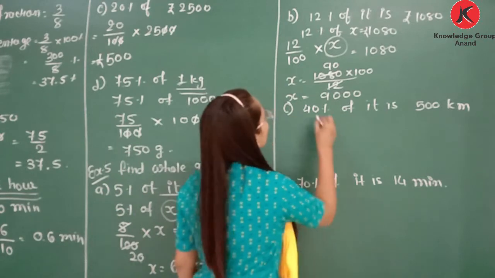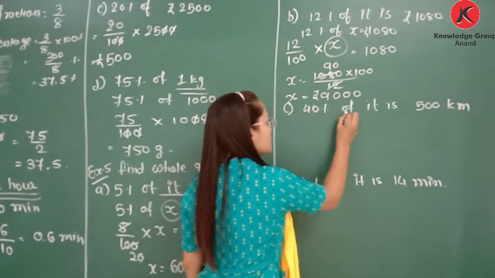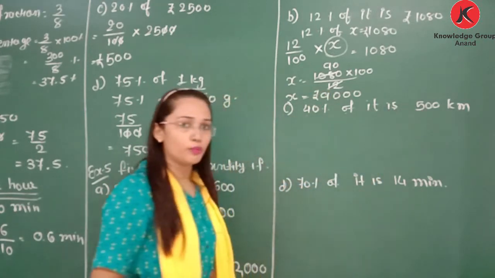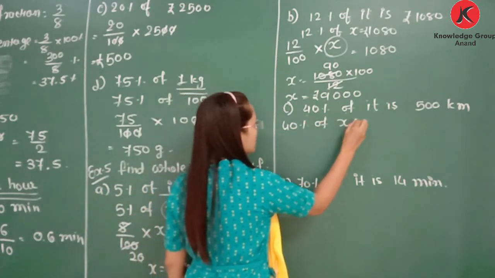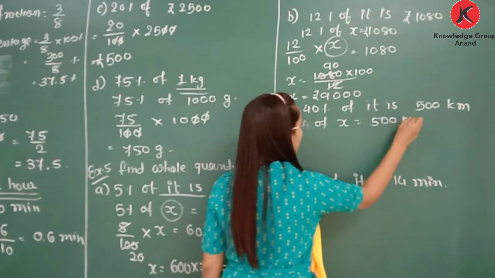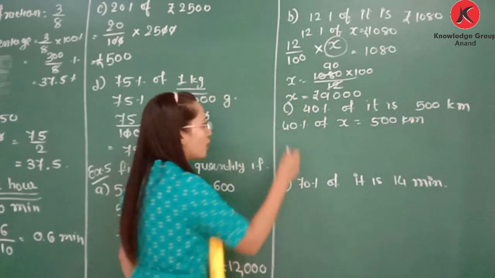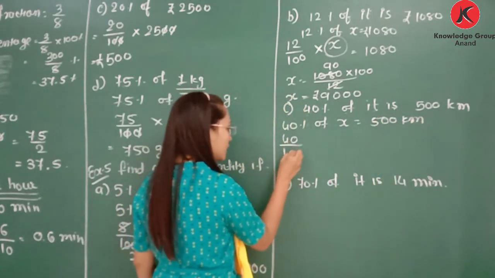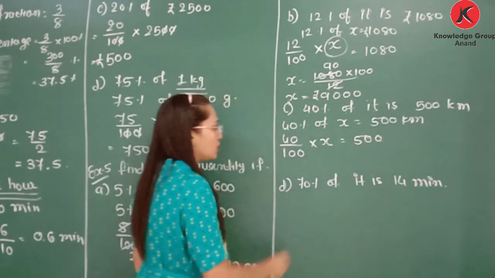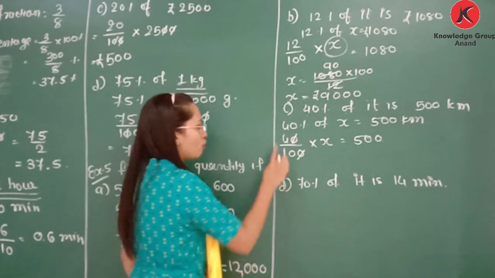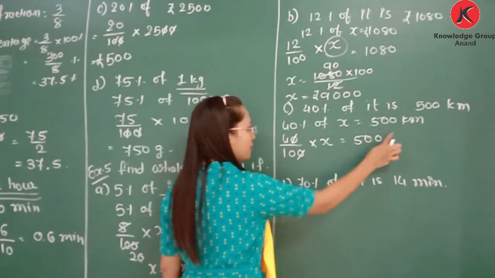Next one, 40% of it is 500 kilometers. So here we can write 40 by 100 multiplied by x is equal to 500. You can cut this 0. 4 becomes the denominator, 10 becomes multiplication.